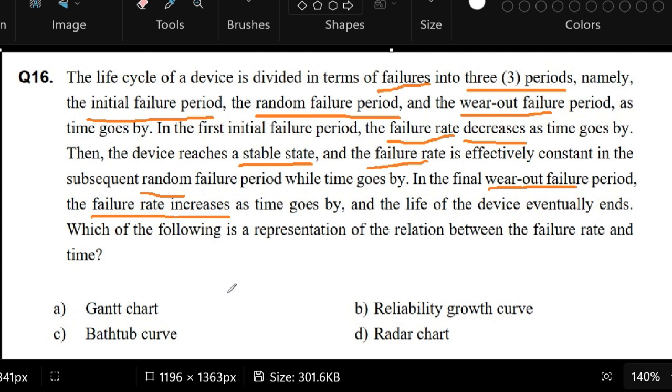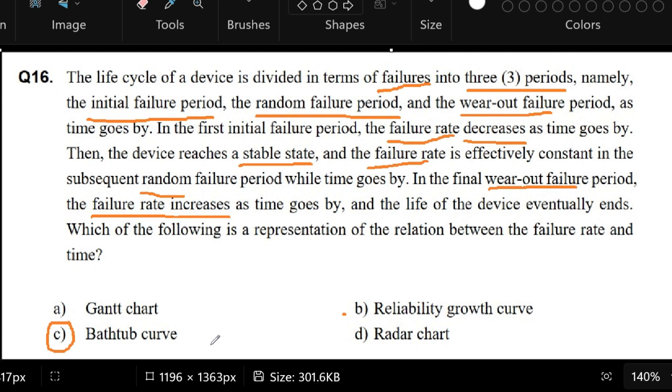I think I remember answering this question, and I answered letter B, which turned out to be incorrect, because according to the answers sheet, the correct answer is the letter C, which is the bathtub curve. And I think we need to know why.